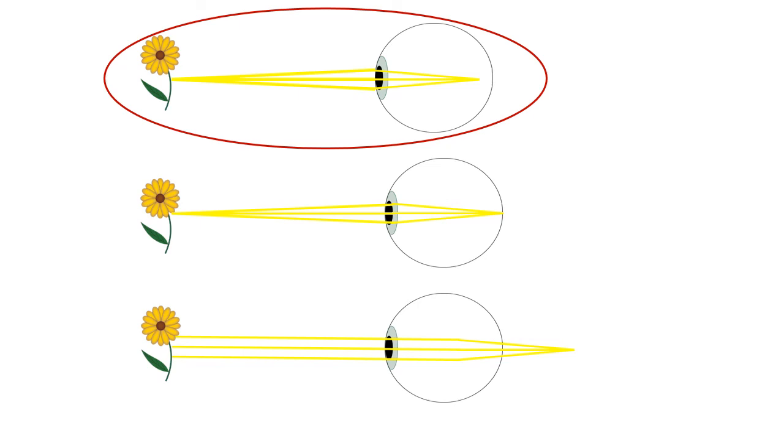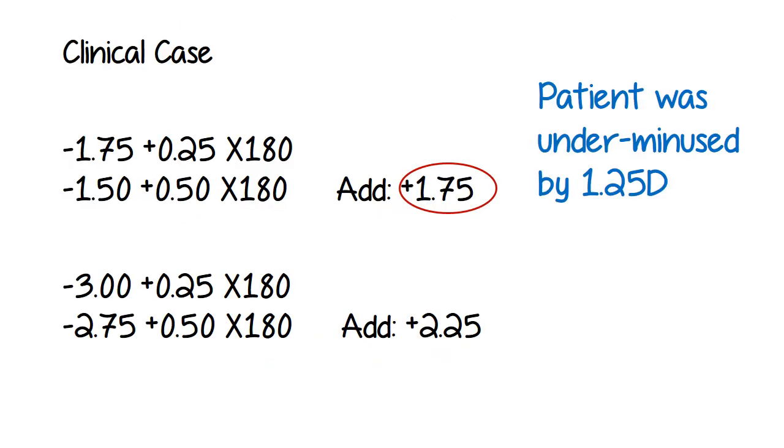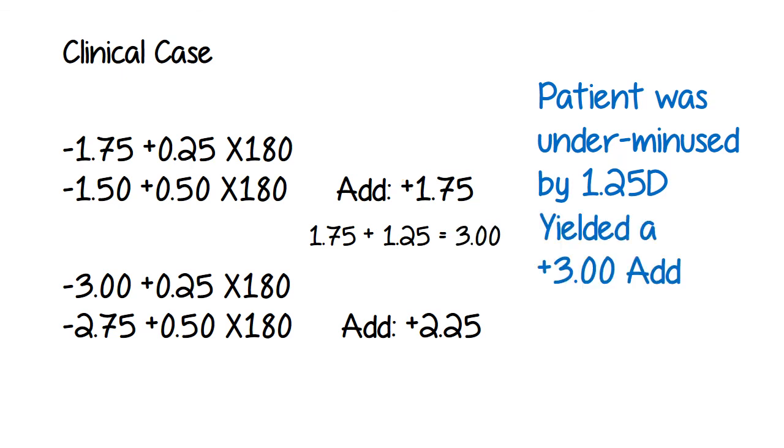His eyes were converging too much. The focal point was in front of the retina already by 1 1/4 diopters. And then you add that to his add power that he had, 1.75, and he had a full 3 diopters of power to read with.